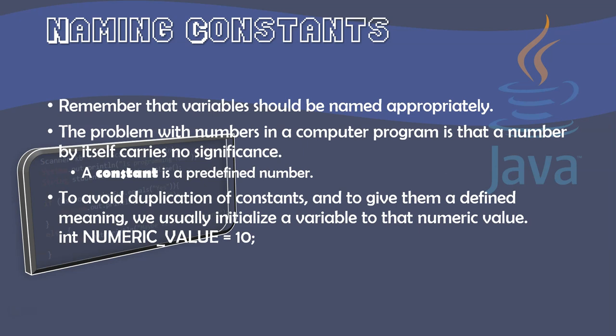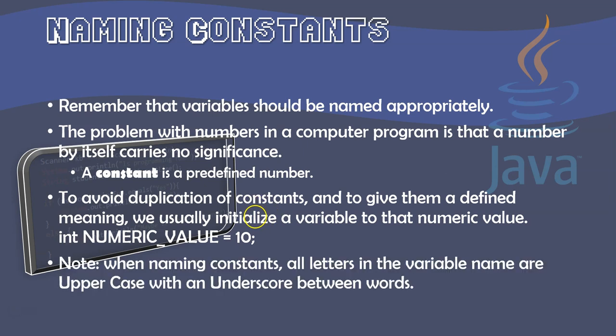Now, because constants have this special kind of meaning, and to give them that defined meaning, we're usually going to initialize our variables to a numeric value. So, for example, we say int NUMERIC_VALUE equals 10. And you notice this is a little different styling than what we're used to with our variable names.